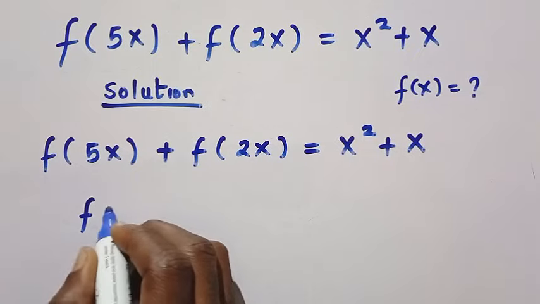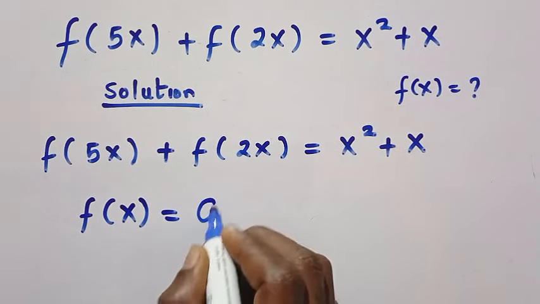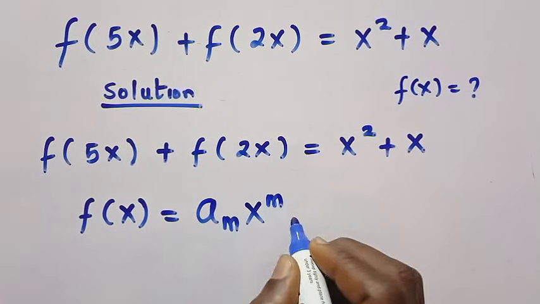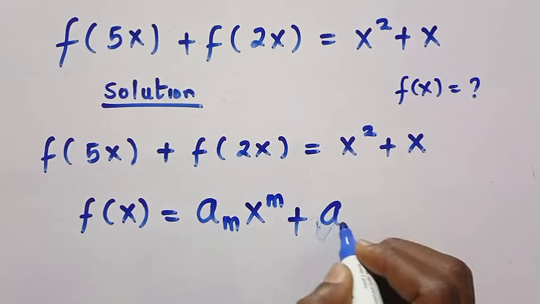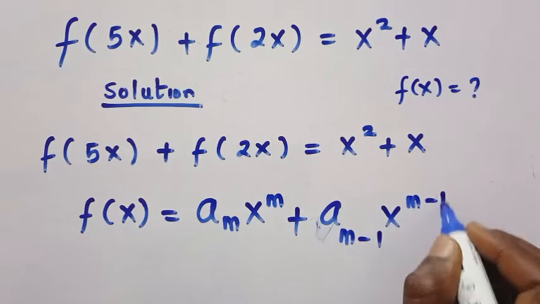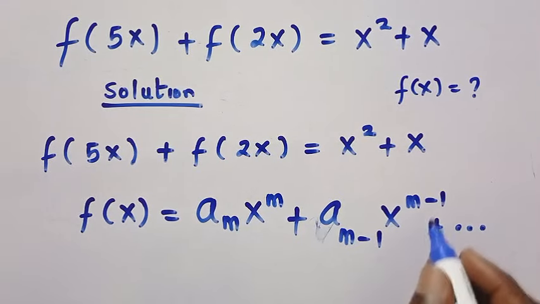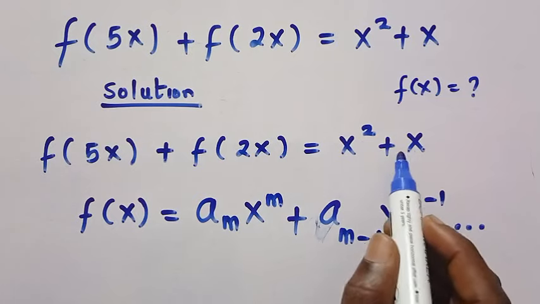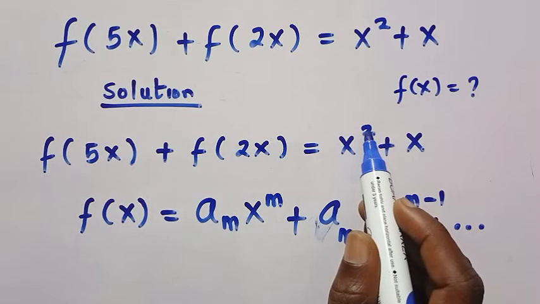Suppose we assume f of x equals a_m x raised to the power of m, plus a_(m minus 1) x raised to the power of m minus 1. This continues like this, depending on the highest power that we are given. Since we have x squared plus x, we consider the highest power of x, which is 2.